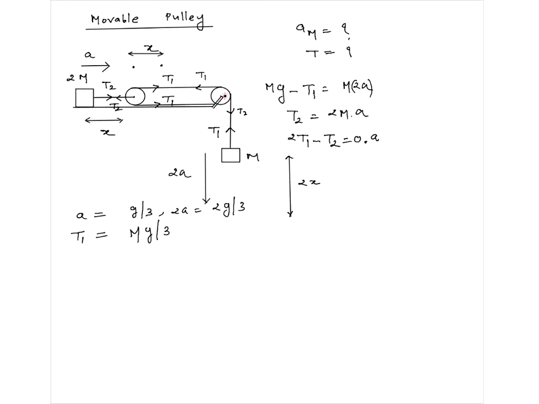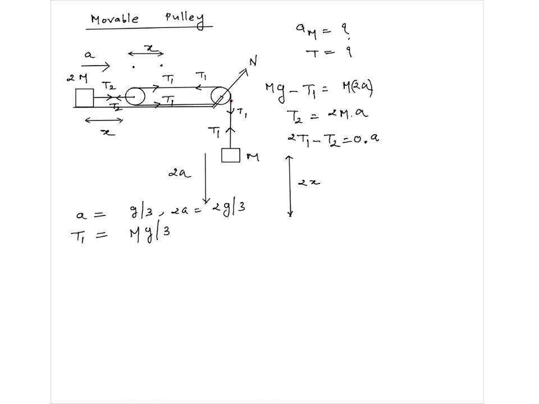So the action reaction between the clamp and the pulley must be taking place, and let the reaction by the clamp be N. N should be such that it balances T1 and T2 completely. In fact, both are T1. T2 is on the left side.